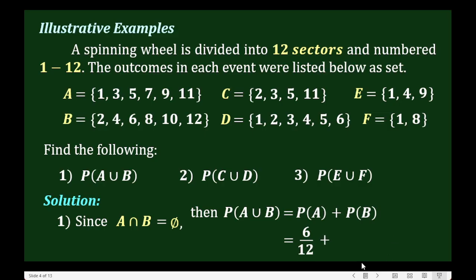Now, for the probability of event B, we also count the number of elements, which is also 6, over the sample space, 12. If we get the sum of the two fractions, 6 over 12 plus 6 over 12, the result is 12 over 12, which is equal to 1.